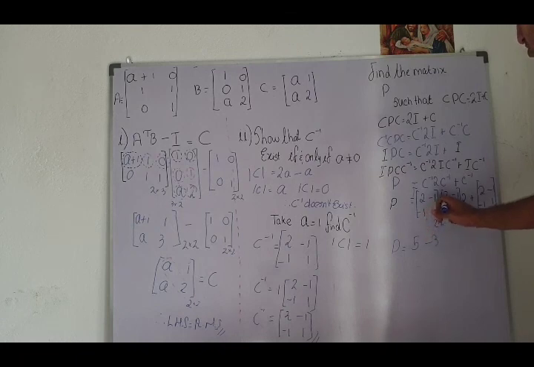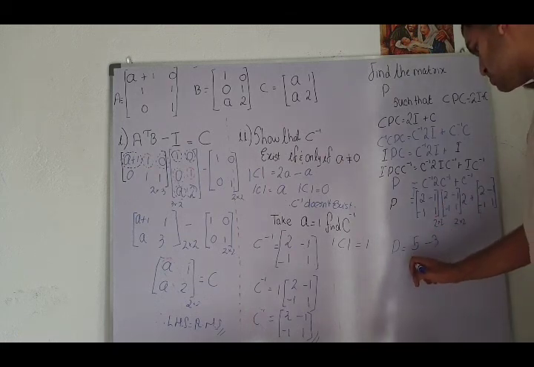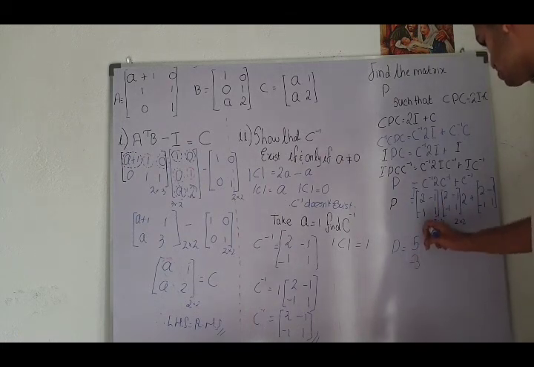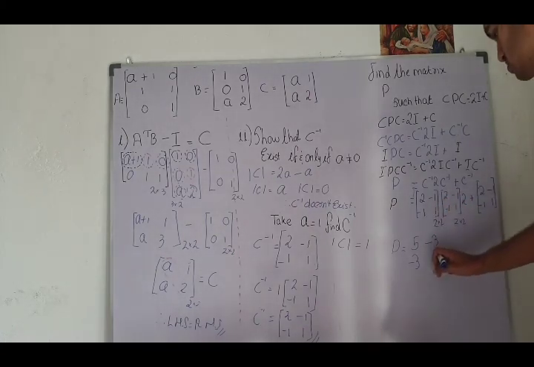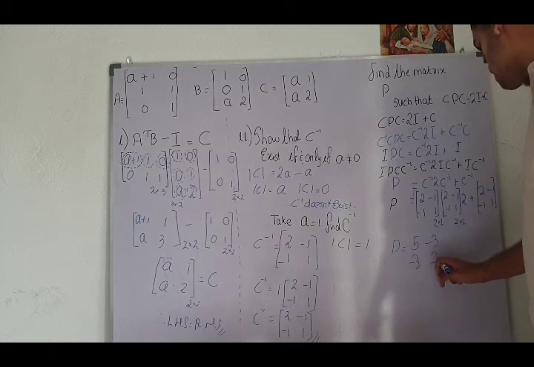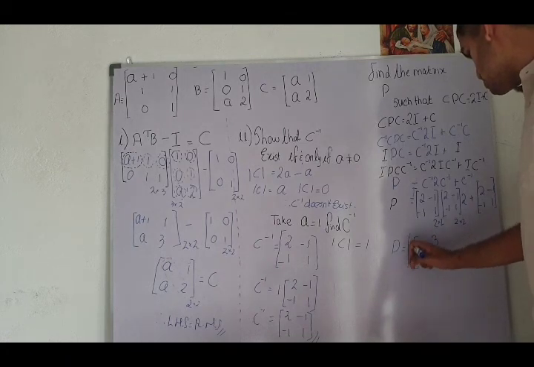Minus 1 and 2 will give you minus 2, plus 1 minus 1 will give you minus 3. Minus 1 into minus 1 is positive 1, 1 into 1 is positive 1. So therefore this is 2.